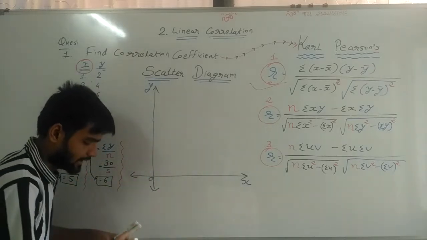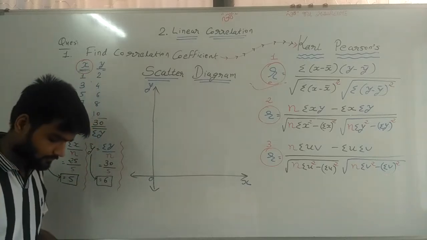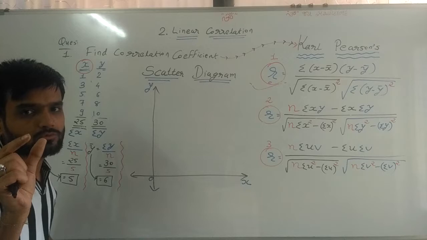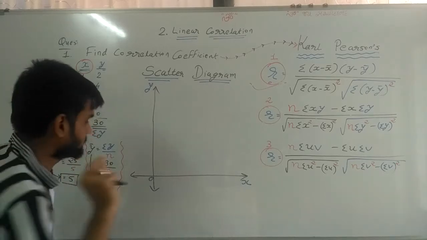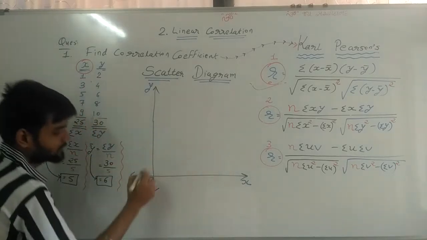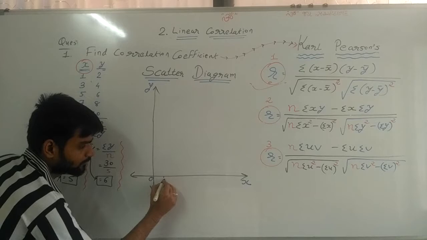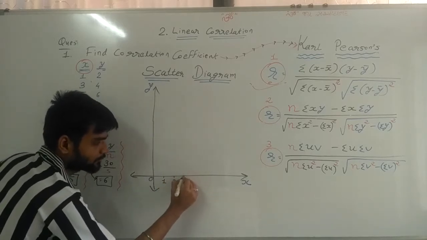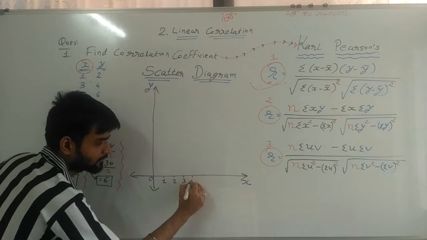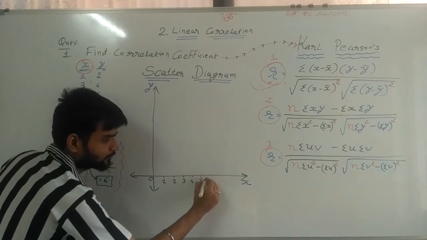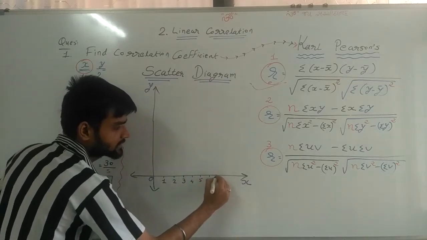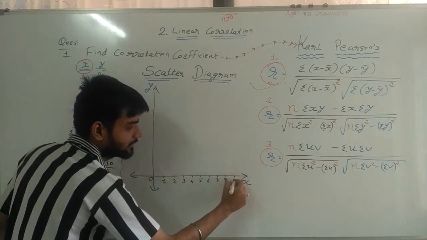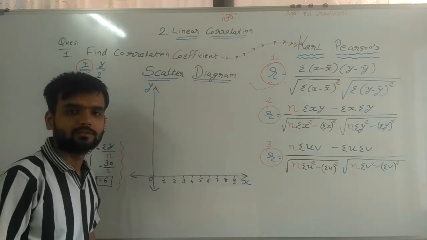Here I am starting with 1 square equal to 1 centimeter. So here 0, 1, 2, 3, 4, 5, 6, 7, 8 and 9.